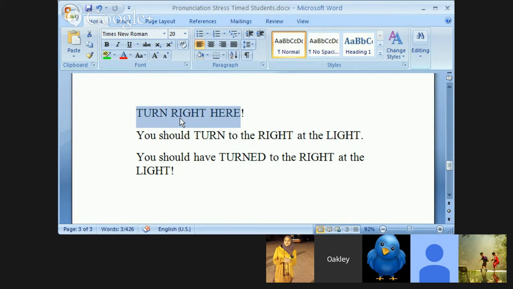Turn right here. Also, notice that my pitch is changing, even though I have these 3 content words. This is obviously a command sentence. Turn right here.